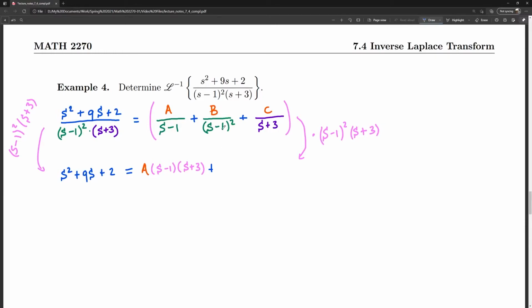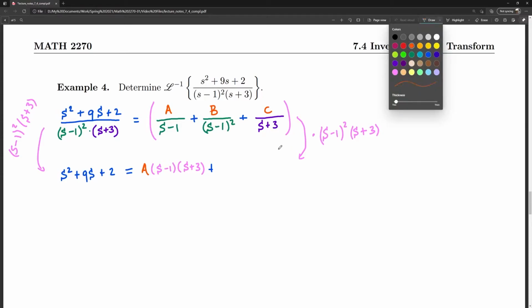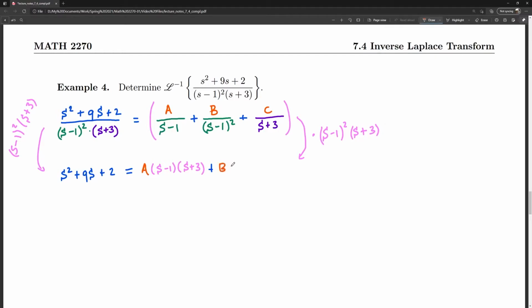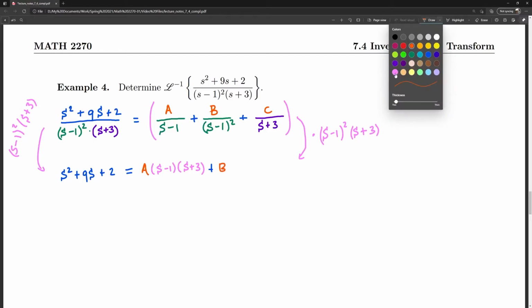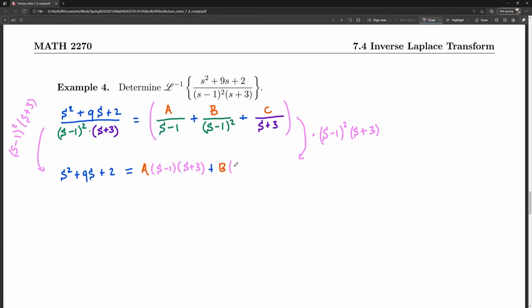And then my second term, the (s minus 1) squared will cancel out here. And so I'm left with B times (s plus 3). Right, the (s minus 1) squared cancels with the (s minus 1) squared here.